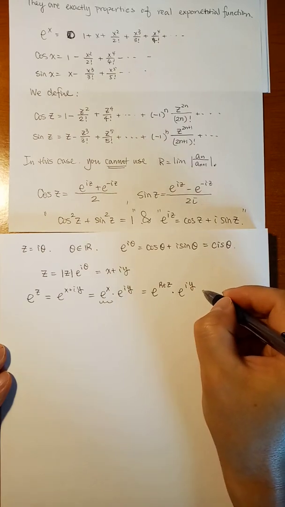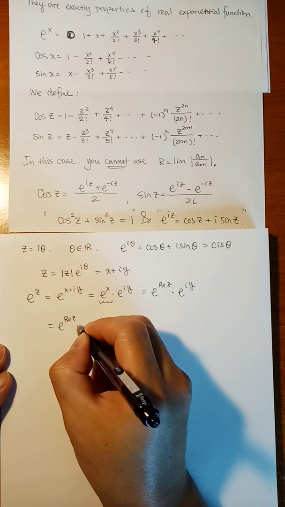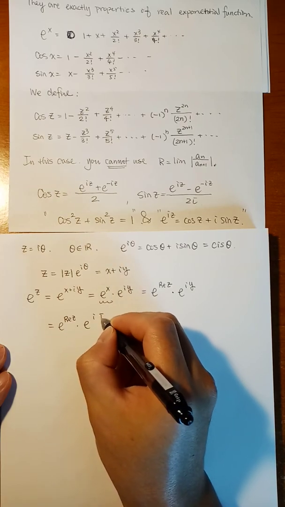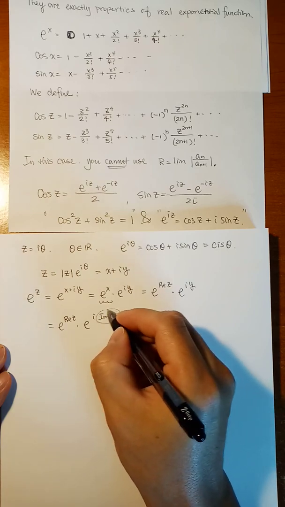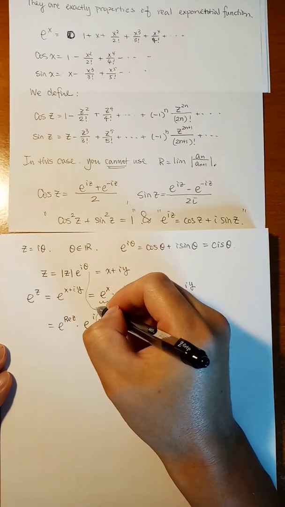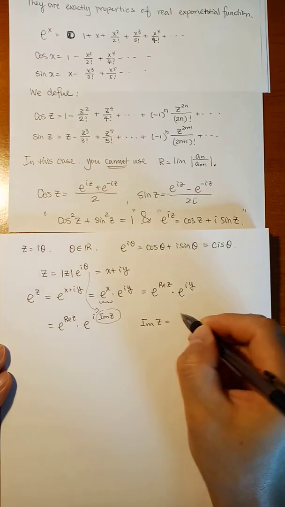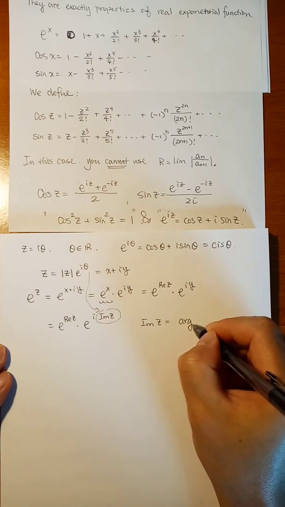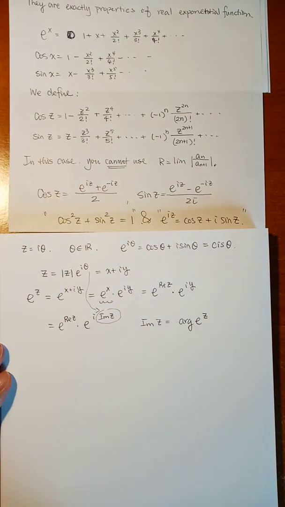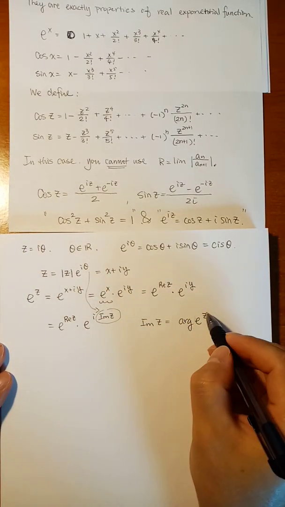So let me write this: times e to the i imaginary part of z. The imaginary part of z is exactly the theta, so the imaginary part of z is the argument of e to the z.